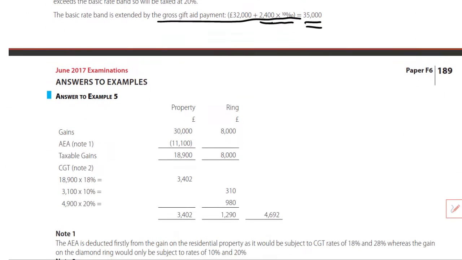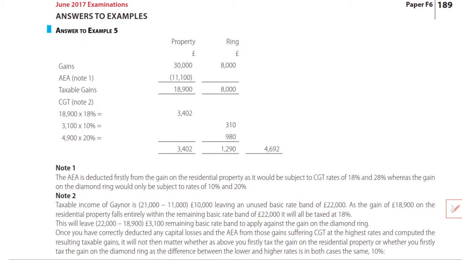What we then found in example 5 is that we had to separate out the gain on the property from the gain on the ring, because the property now was residential property and therefore the higher residential property rates would apply. That would mean that had there been any losses, but as there is an AEA, that is deducted firstly from the gains to be taxed at the higher rates.